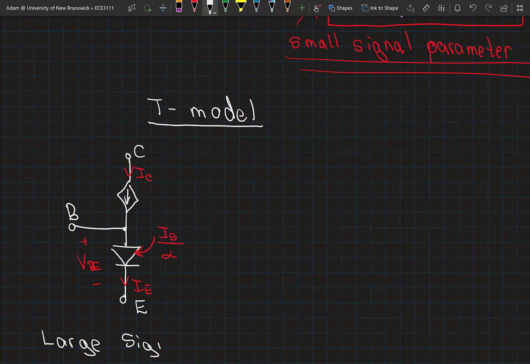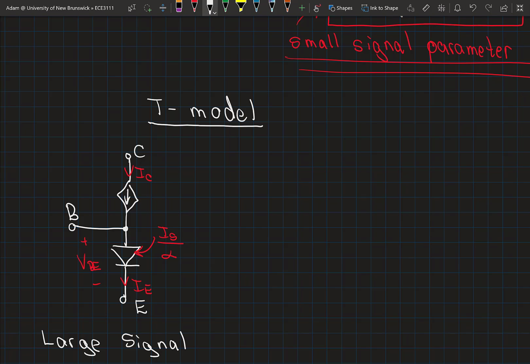We dealt with this model in a fairly simplistic sense because we tended to just treat this diode as a constant voltage drop model when we're doing our large signal analysis of our BJTs.